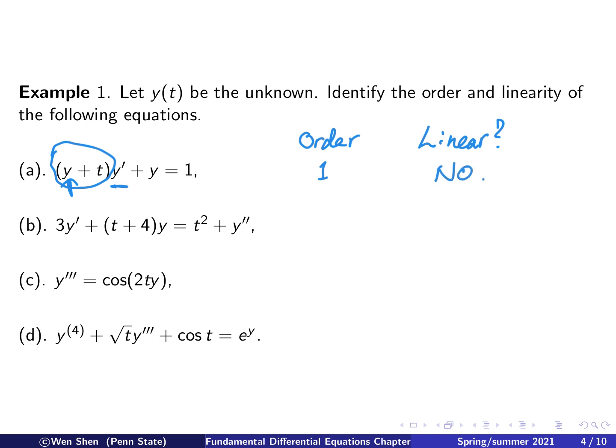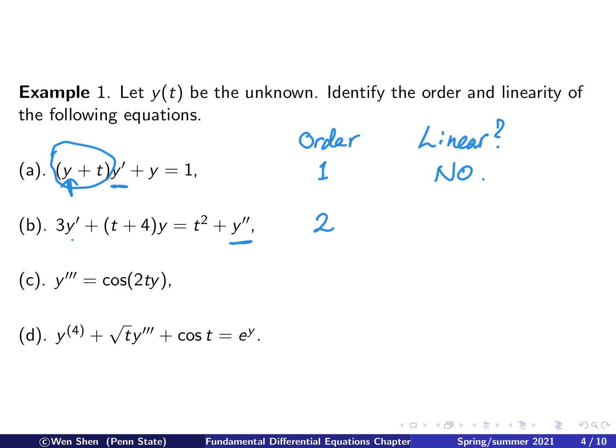Okay, let's move on to the second equation. What is the order of this equation? We look at the derivative terms, and we find that this one contains the highest order of derivative, which is the second derivative. So the order is 2. Is this linear? Let's check every term. Look at the first term.